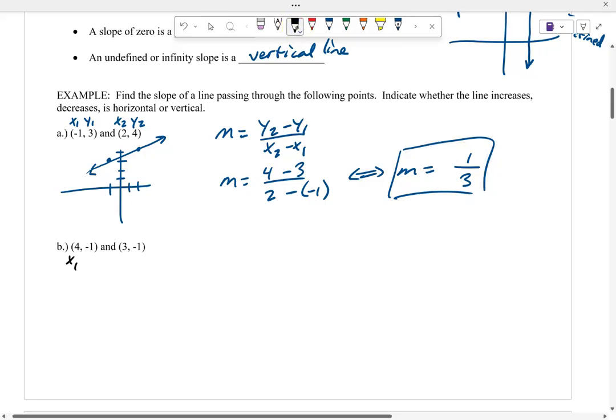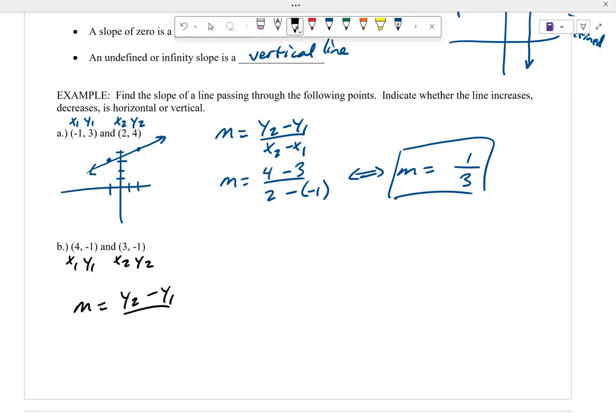Do the same thing on this next one, x1, y1, x2, y2. So our slope here would be negative 1 minus the negative 1 over x2 is 3 minus the x1 is 4. So it looks like our slope is negative 1 plus 1, I got 0 over 3 minus 4, negative 1.